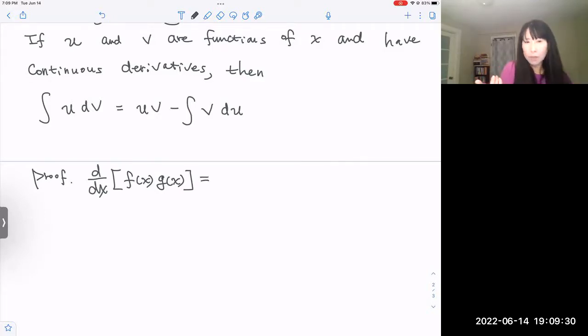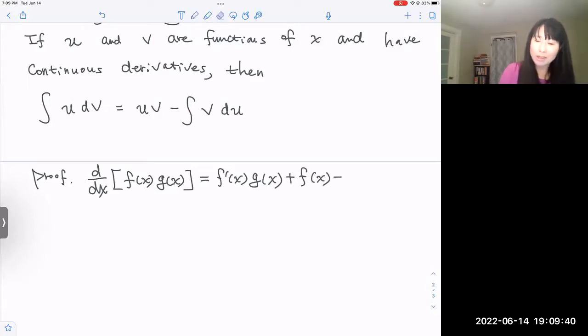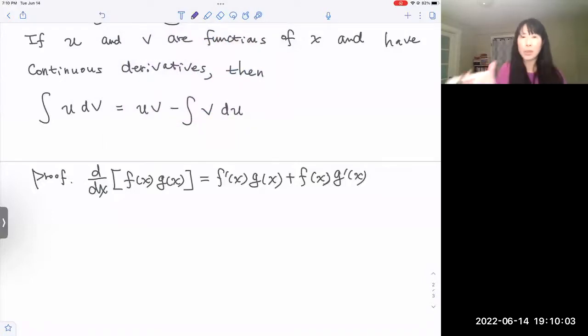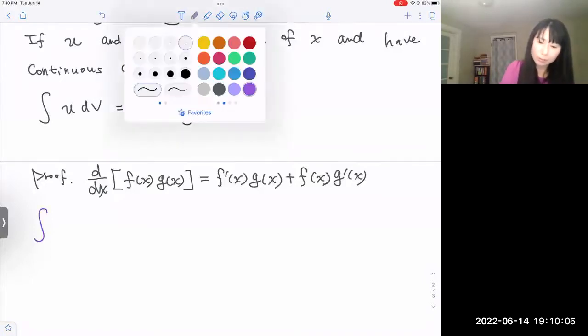So first one prime, f prime of x, g of x, plus f of x, g prime of x. So that students can remember easily because we have the same order, right? So f prime of x, g of x plus f of x, g prime of x, right? Now, let's integrate both sides, right? So integrate.